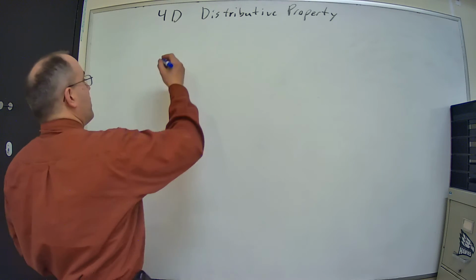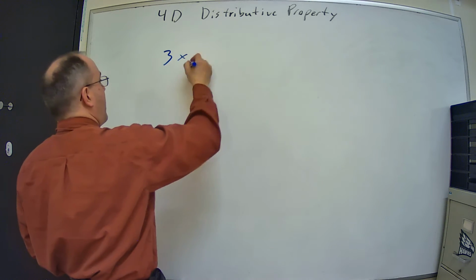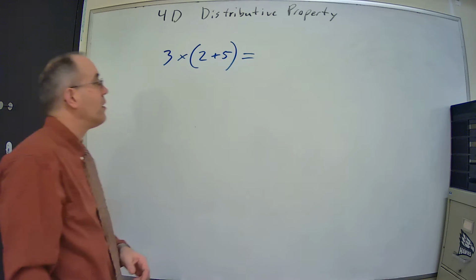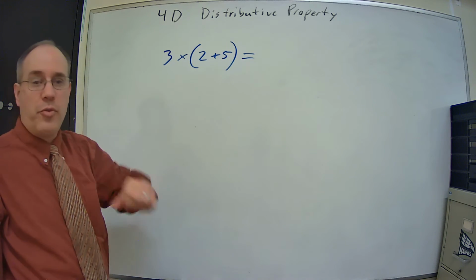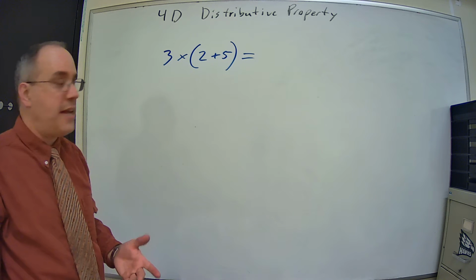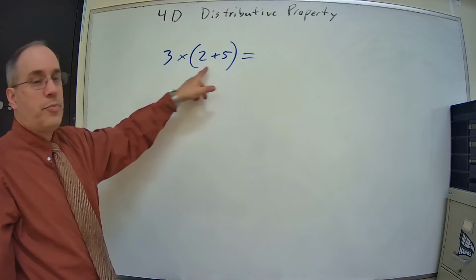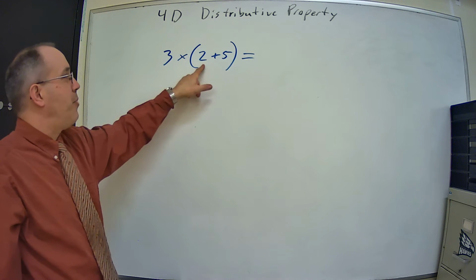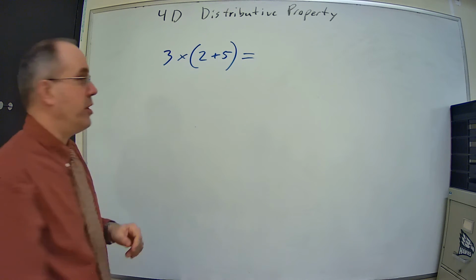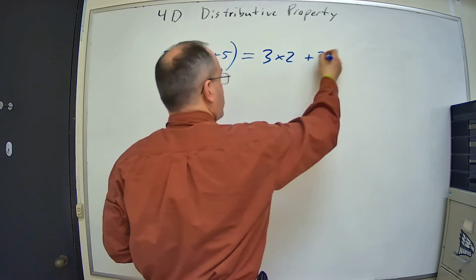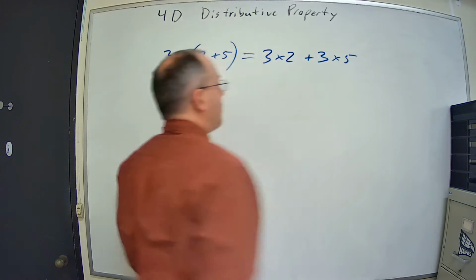What it's saying is, if I have 3 times (2 plus 5), the distributive property of multiplication over addition says that I can take this 3 that I'm multiplying all this by, and I can multiply by each of these things individually. So I can do 3 times 2 plus 3 times 5.